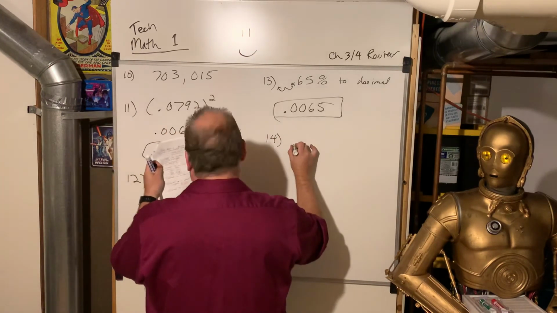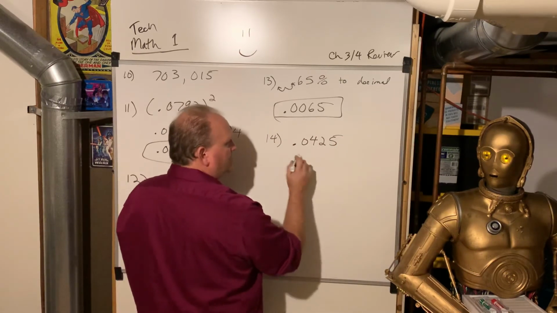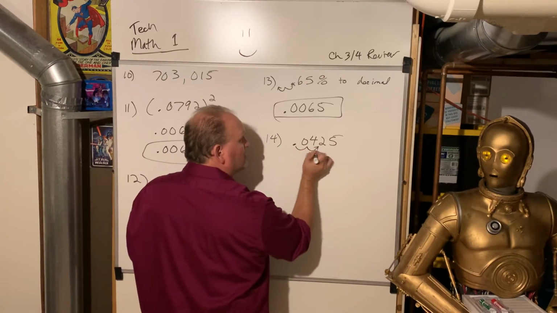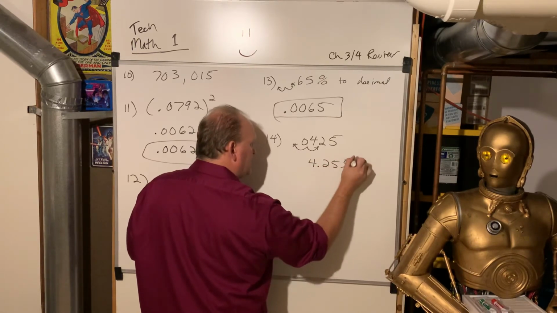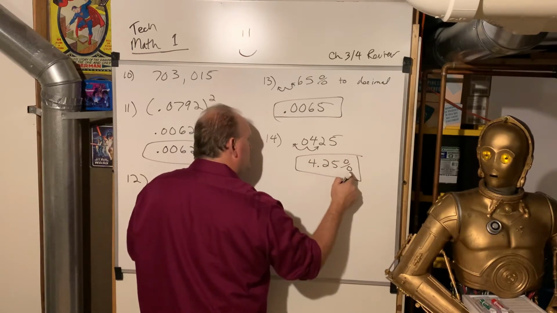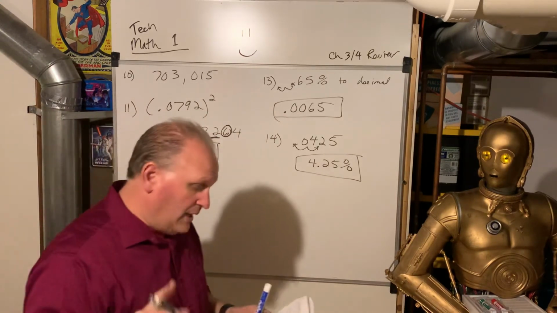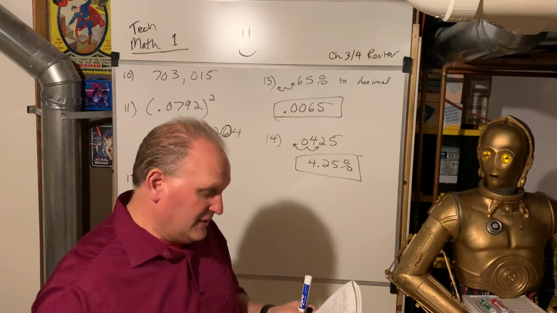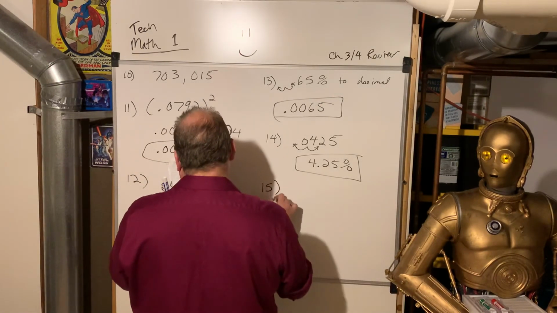Convert to a percent, 0.0425. So if it's a decimal, to make it into a percent, you go 2 places to the right. So 4.25, and then we put the percent on. Now that, I do need you to put that percent on for me. That's the one time that I really do care about the labels, as if you're giving me a percent. All right, so 15.